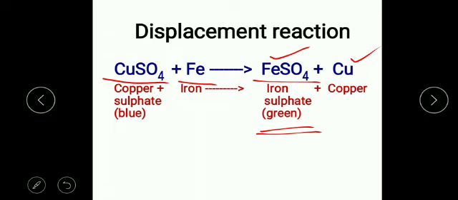And why does this happen? Because according to your reactivity series, iron is more reactive than copper, so it has the tendency to displace copper from the copper sulfate, and then ferrous sulfate will form.